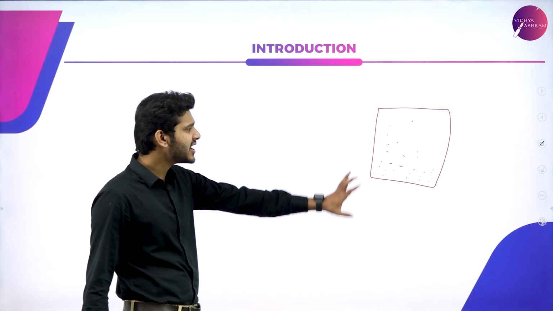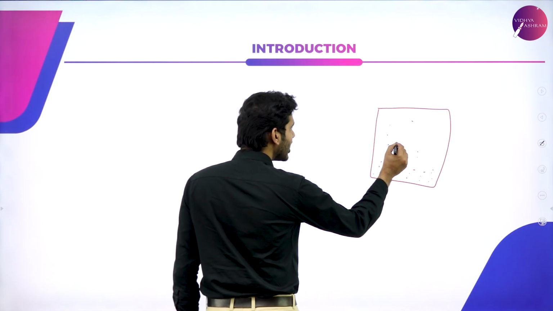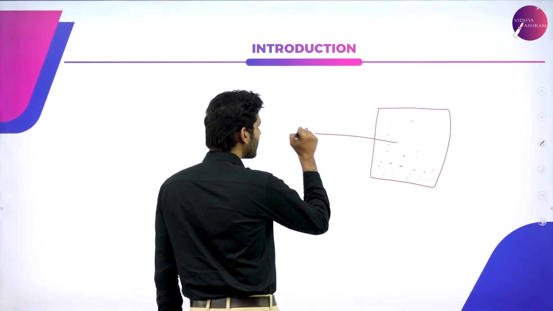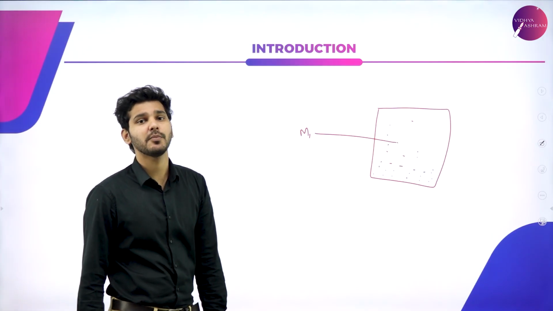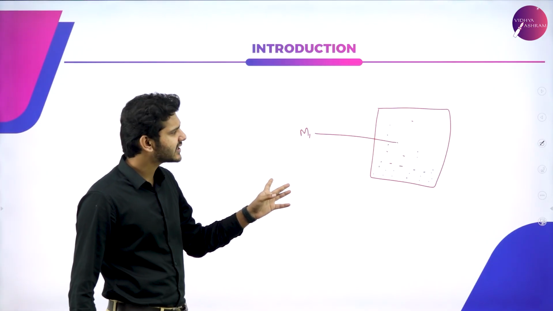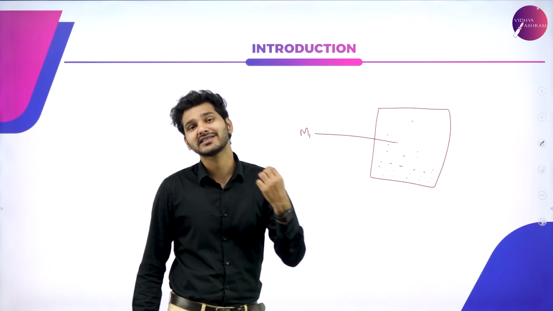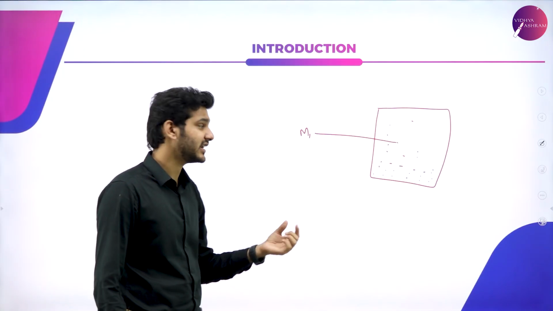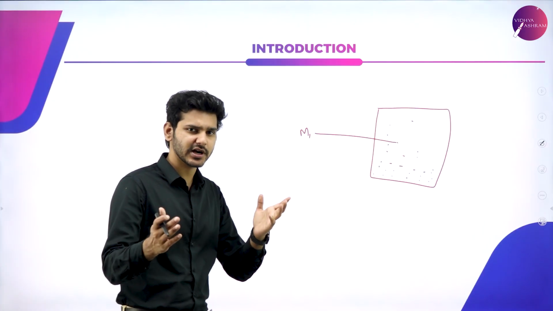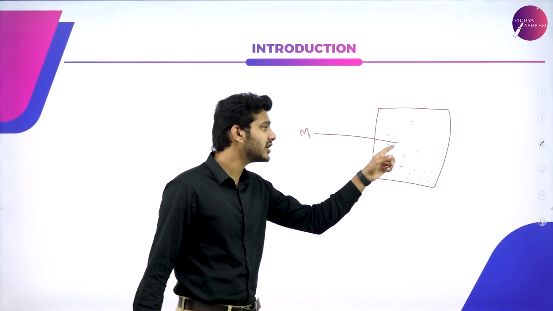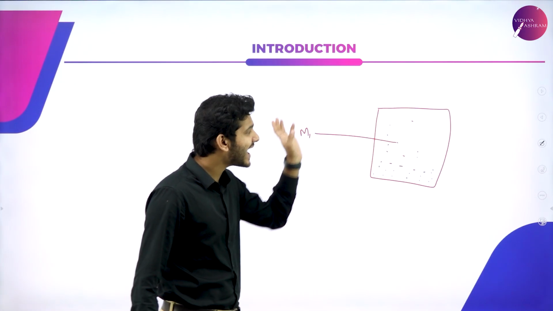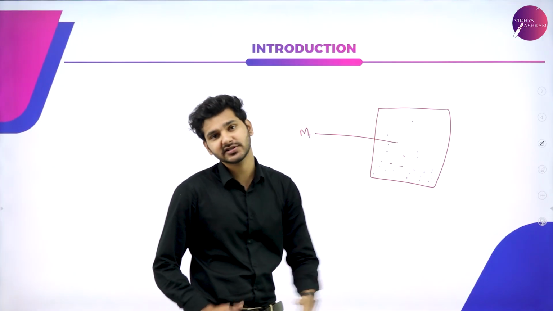So if I take one random particle, I can say that this is particle 1 which is having a mass of m, or simply we can say that that particular particle is indicated by m1 because it is a mass particle indicated by the letter 1. So that's the first particle. And there is not just 1, 2, 3, 4, 5, but there is n number of particles in this particular system.